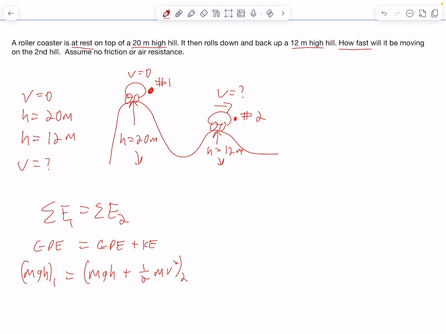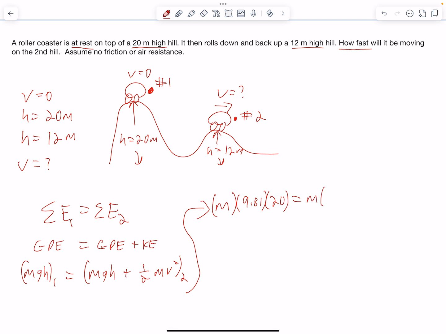All right, let's plug in some numbers. So I don't have the mass. If I don't have the mass, I'm going to call it m. I don't know what it is. Could be any number. Then we have 9.81, and we have the height. Okay, it equals, now I'm at point 2. At point 2, I also don't know the mass.